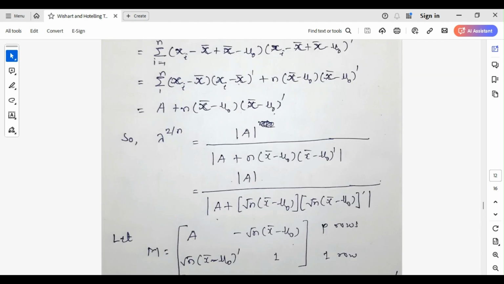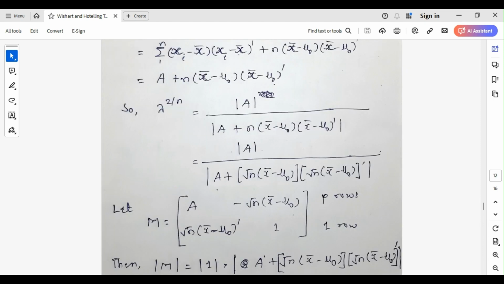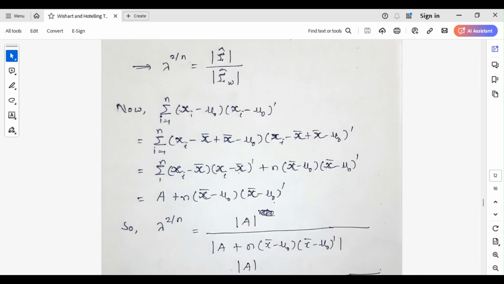So lambda raised to 2 by n we can rewrite as determinant of A. So we have got sigma hat W as this A plus n times this x bar minus mu naught into x bar minus mu naught transpose. So notice that A is nothing but this sigma hat. n A by n will be sigma hat, and so this n will get cancelled.